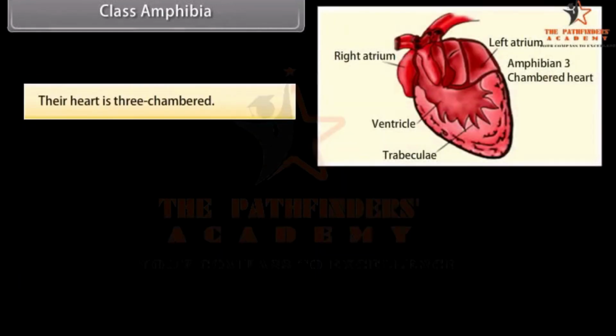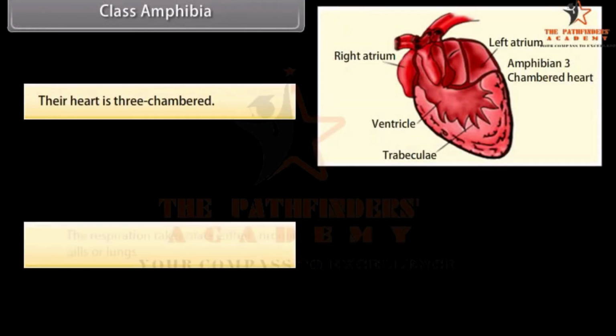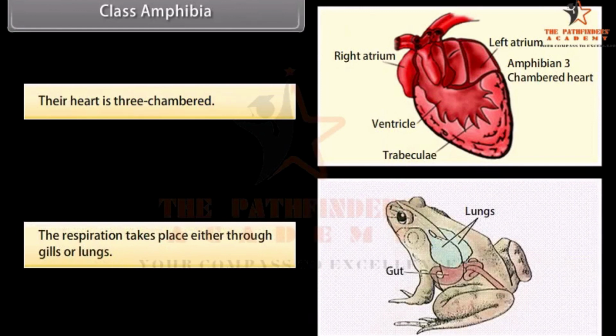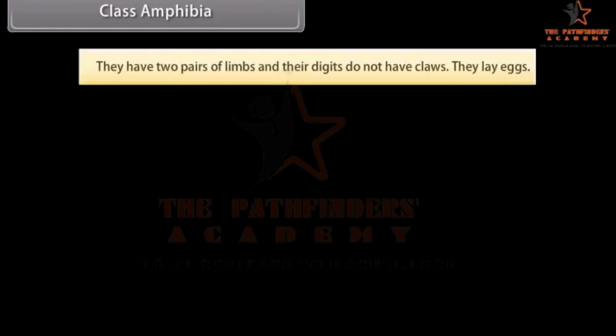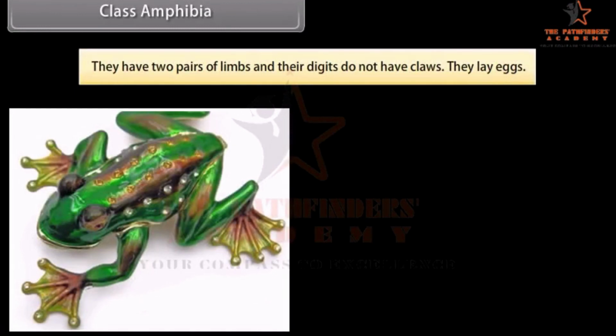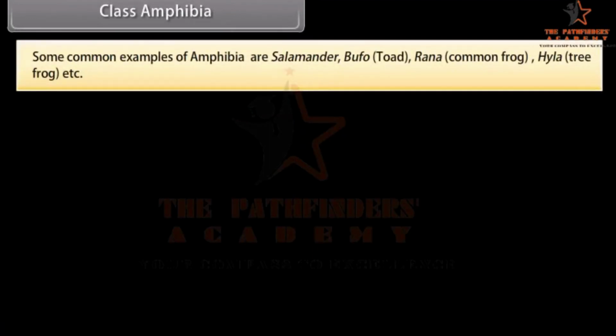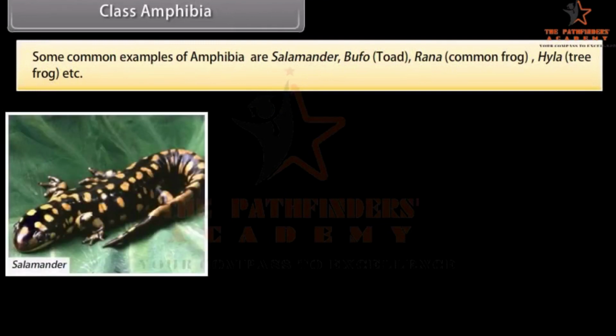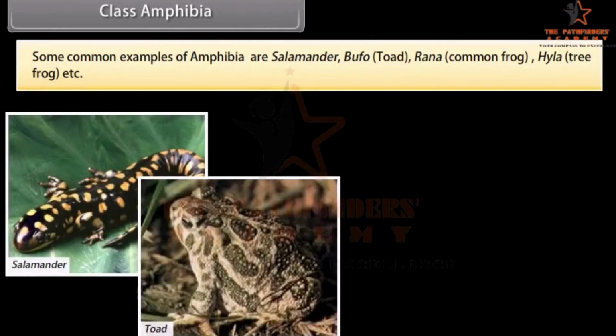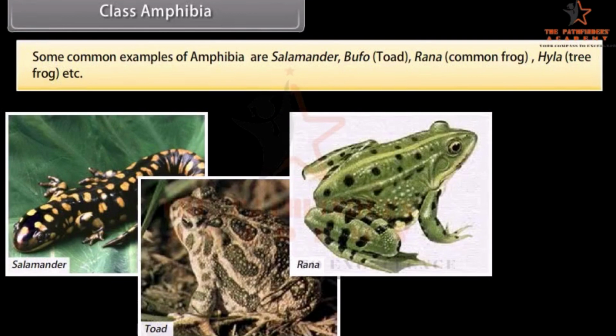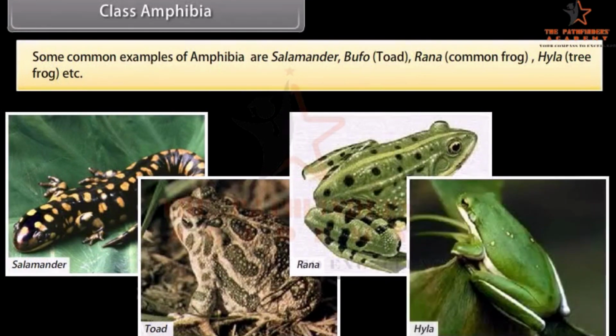Their heart is three-chambered. The respiration takes place either through gills or lungs. They have two pairs of limbs, and their digits do not have claws. They lay eggs. Some common examples of Amphibia are salamander, Bufo, toad, Rana, common frog, Hyla, tree frog, etc.